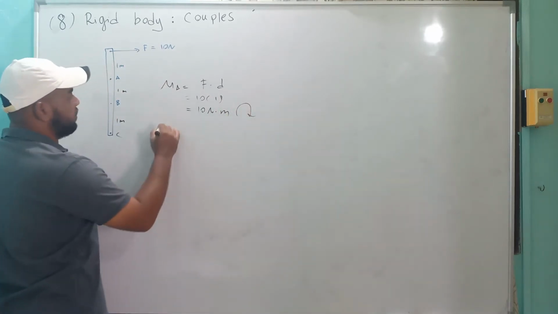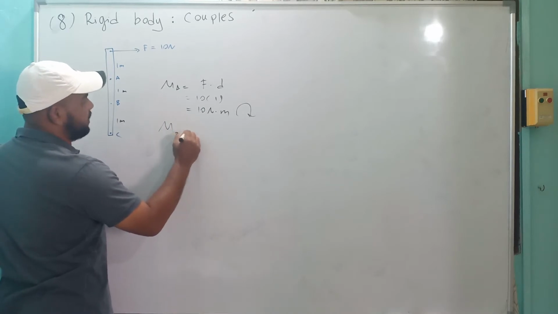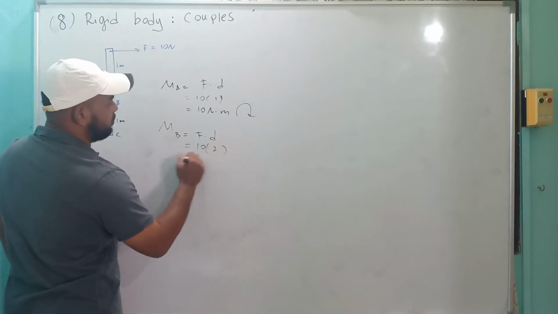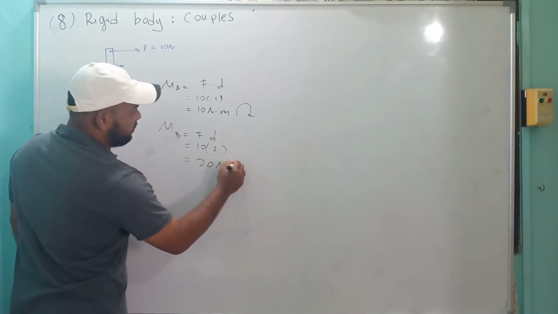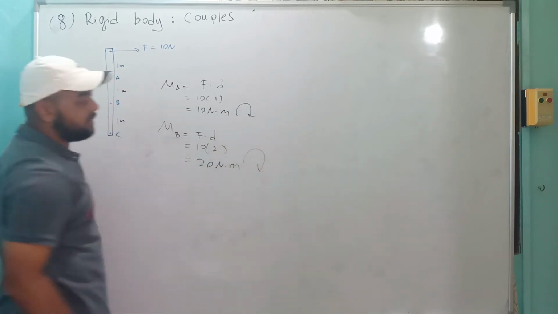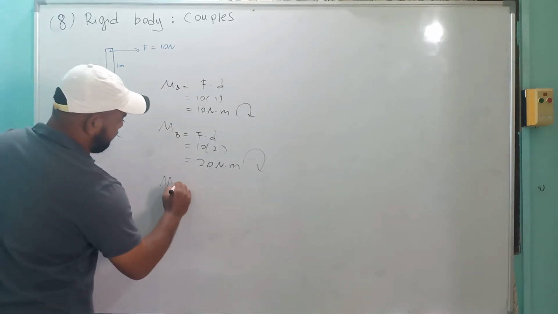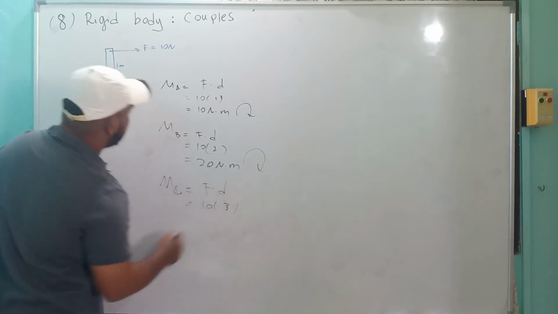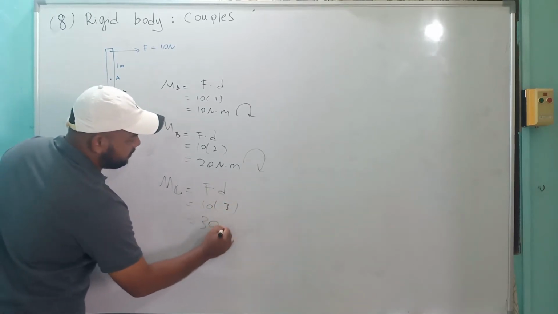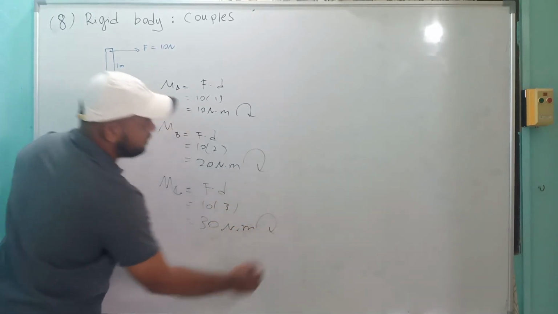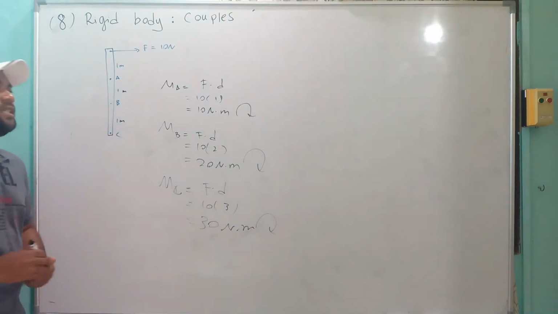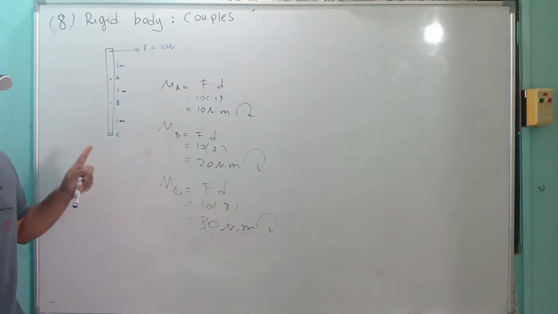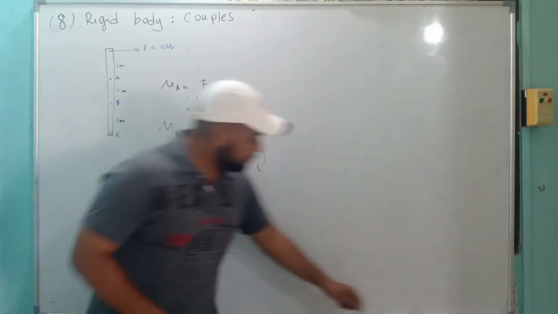If I'm taking the moment about point B, it will be F times D equal to 10 times 2 equal to 20 Newton meter, still clockwise. And the moment about point C is also FD, 10 times 3, 30 Newton meter, clockwise. So that is for moment, which we have already learned from the previous chapter.